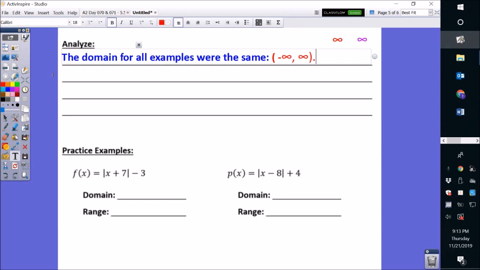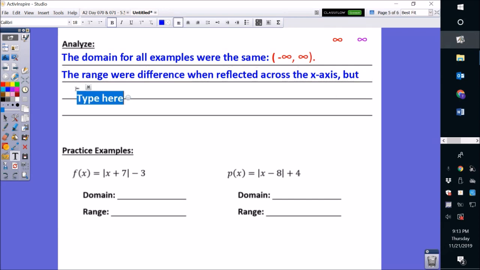Now, let's talk about the range. The range, I would say that the range was different when reflected across the x-axis, but there were no changes when reflected across the y-axis.